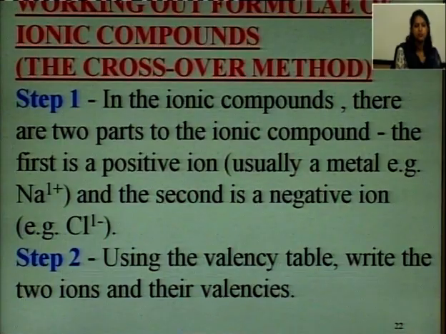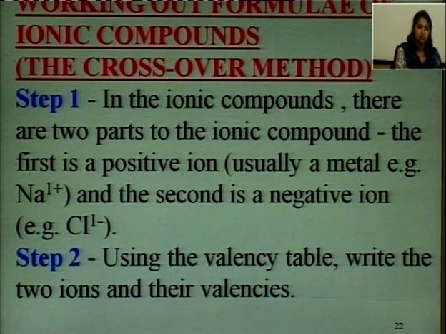Now, I am coming to the point of how you determine the formula of an ionic compound. Our next slide is about working out the formulas of ionic compounds, and the method is known as the crossover method. Step 1: in ionic compounds there are two parts.